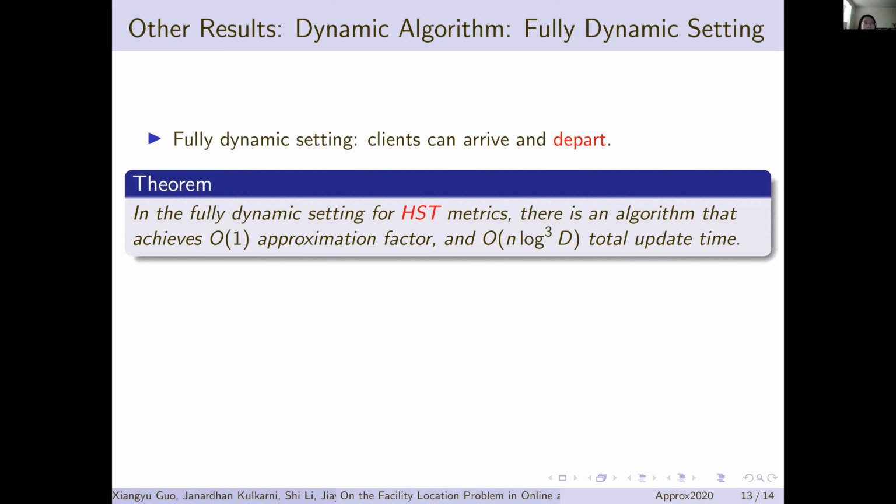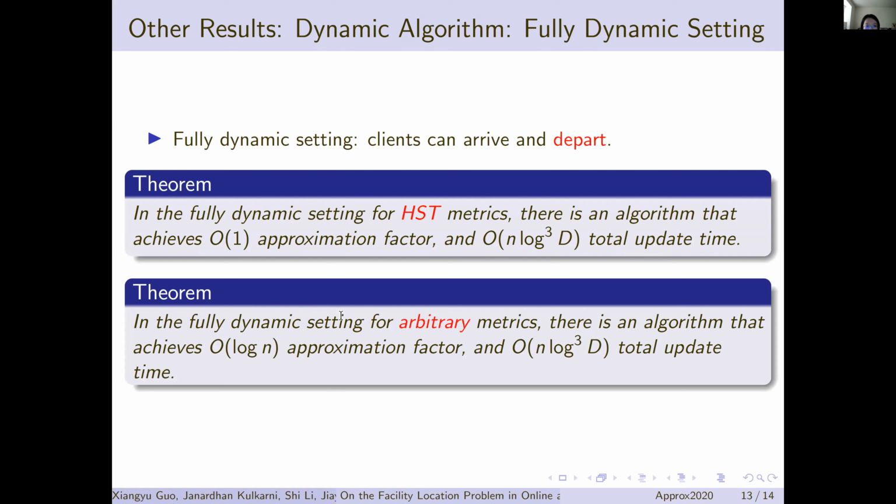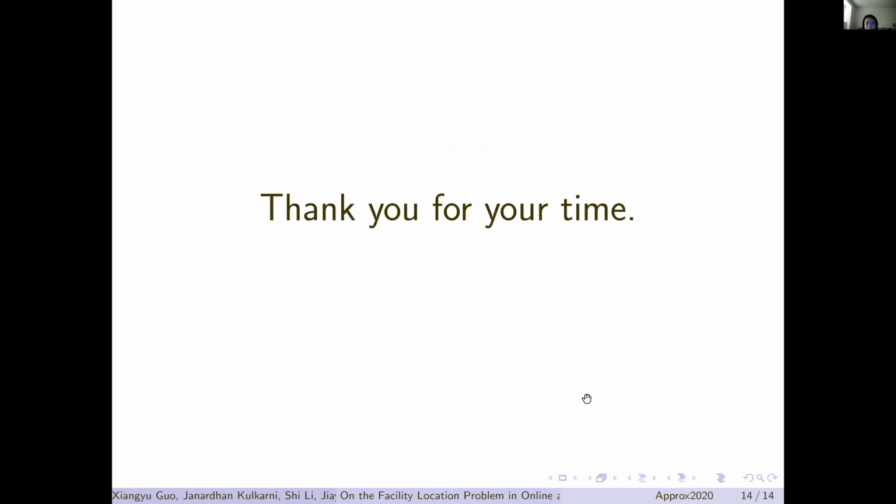The D here is the aspect ratio. Then this theorem actually implies that since we can embed any metric into the HST with a distortion of big O log n, the first theorem implies the second one, we can achieve a big O log n approximation factor and a similar order total update time. So that's all.